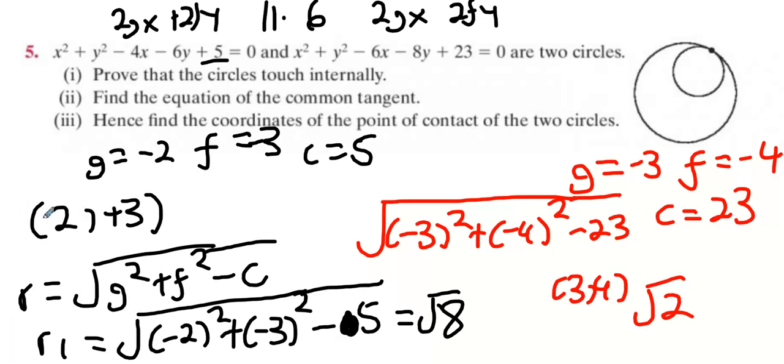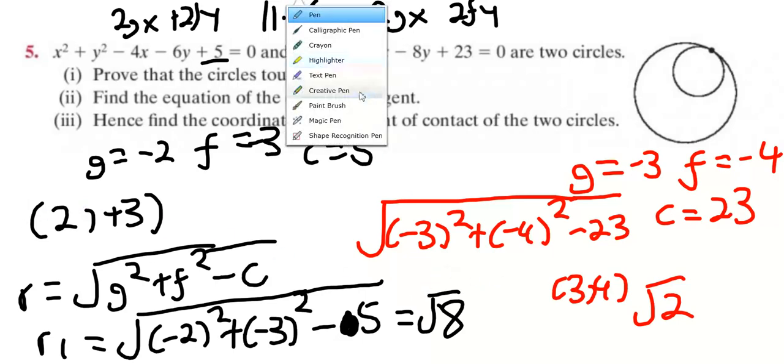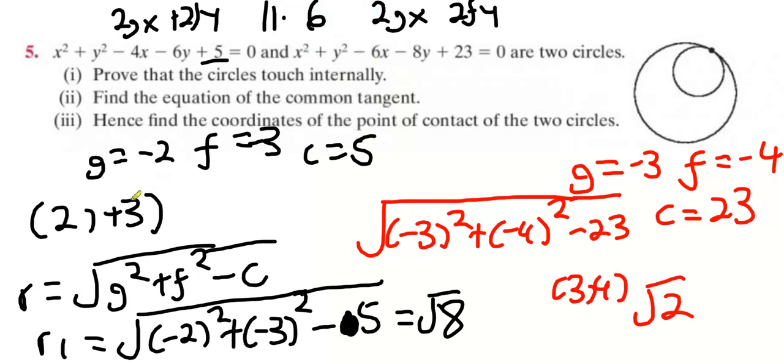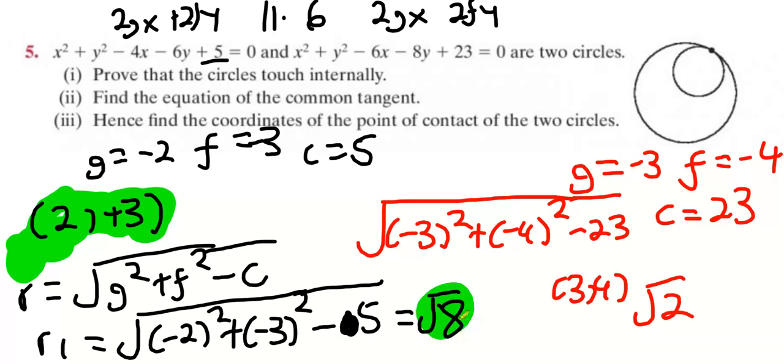So currently, we have two sets of data here, okay? The first set of data is a center of 2, minus 3, and a radius of root 8. And then the other one is a center of 3, 4, and a radius of root 2. Now, what did we say the routine was again?